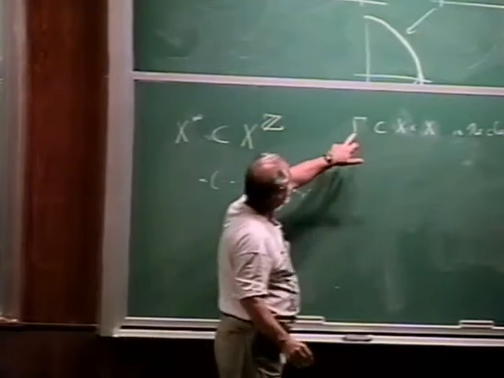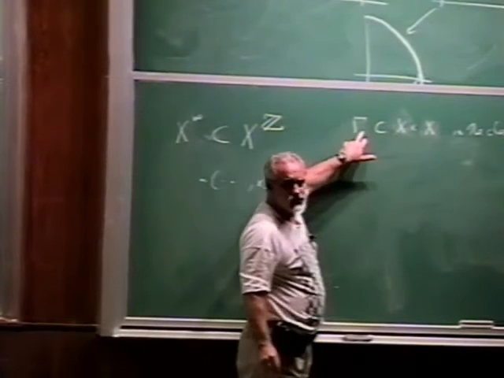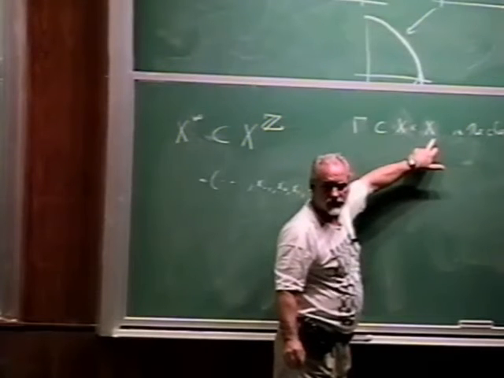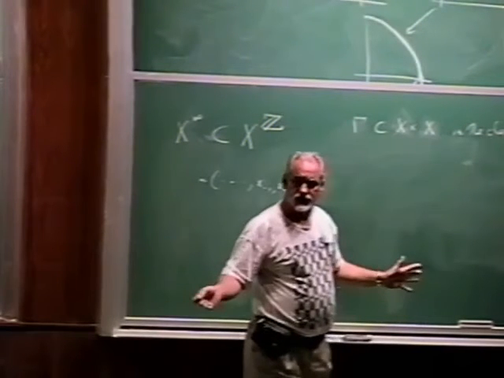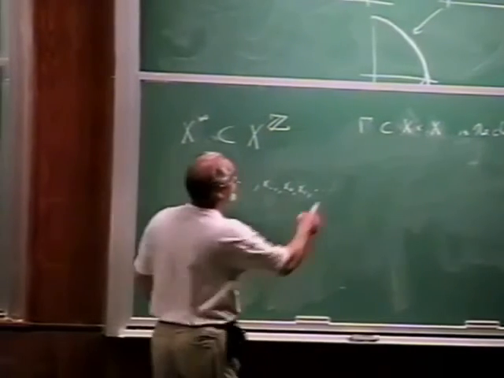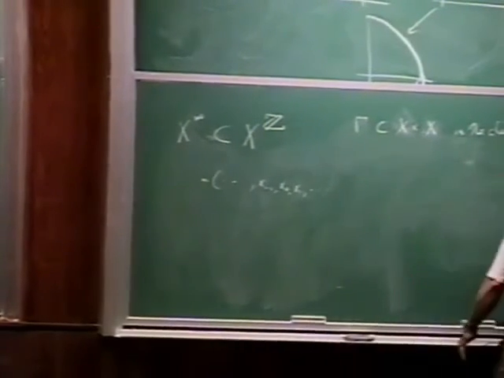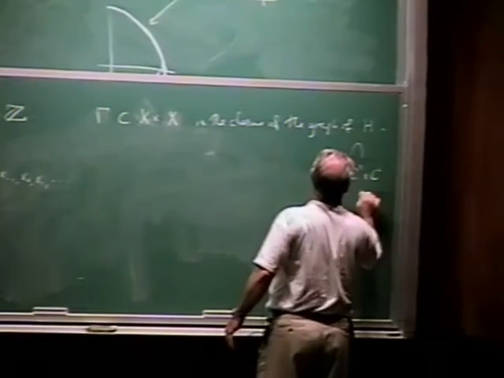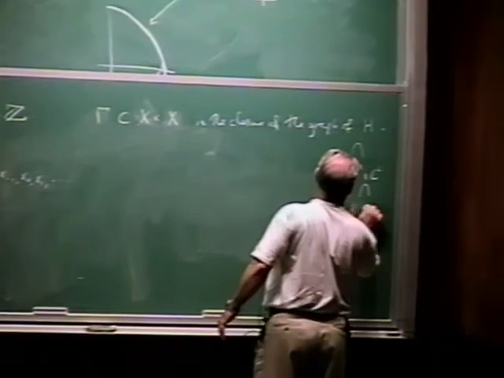No, the graph of H actually lives in C2 cross C2, which is contained in X cross X. And then I just take its closure in X cross X.